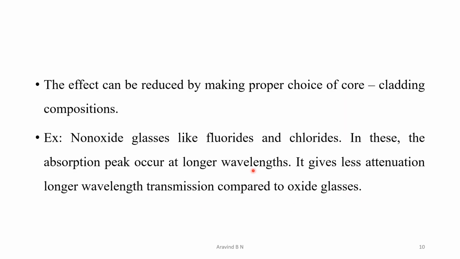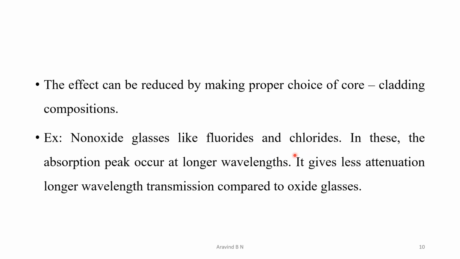Now, how can we reduce this intrinsic absorption effect? There are two ways to reduce this absorption effect. The first one is by making a proper choice for core cladding compositions. The second option is by considering non-oxide glasses like fluorides and chlorides instead of the oxides.